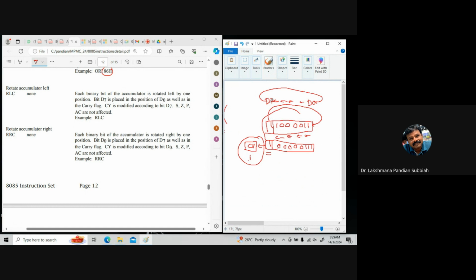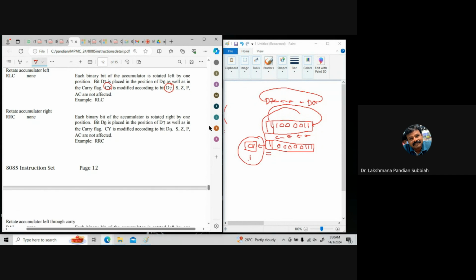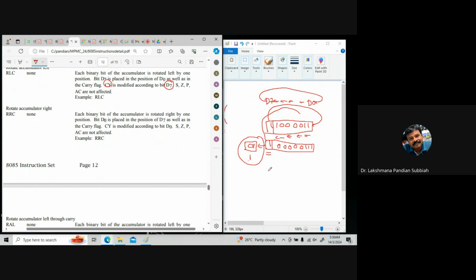The bit D7 also affects the carry flag. That is RLC. Next is rotate right, RRC, which works in the reverse direction.